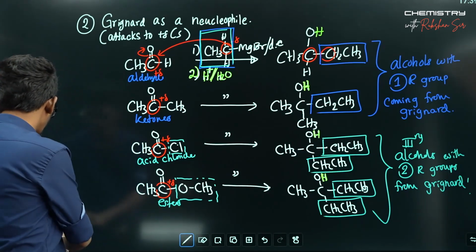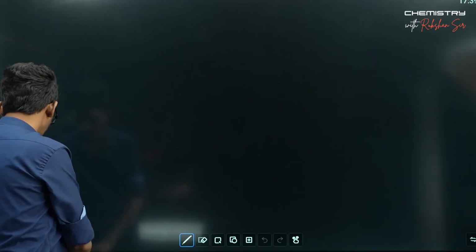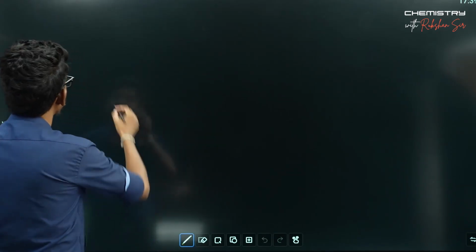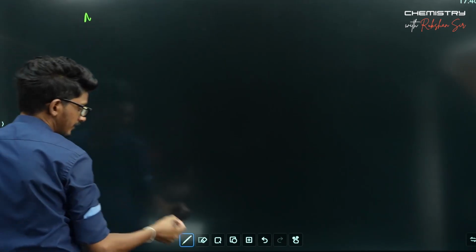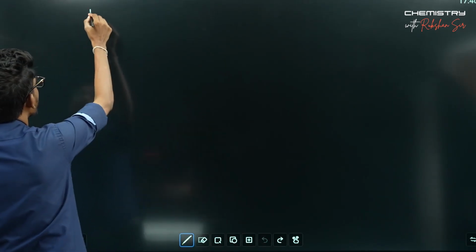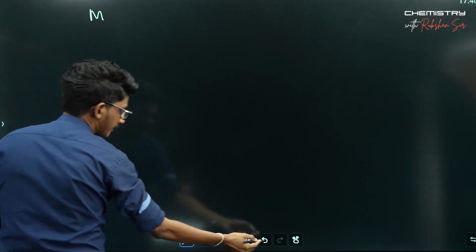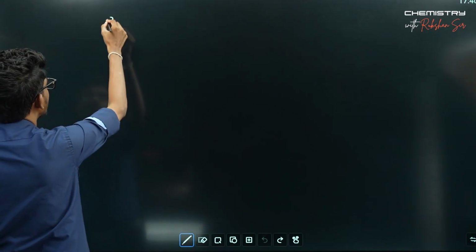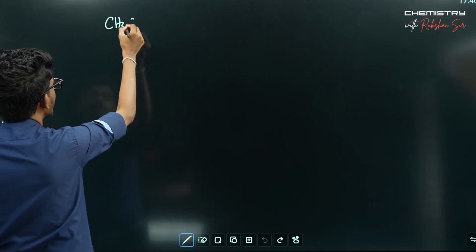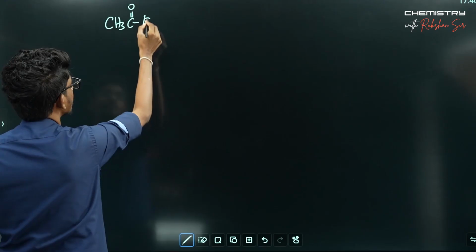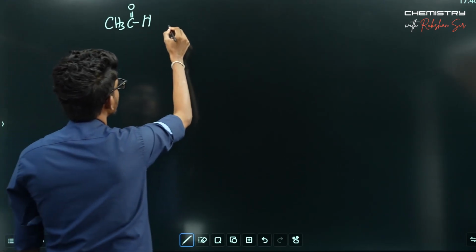Mechanism. First, let's come up with the mechanism of this reaction. When an aldehyde reacts with the Grignard, we have the aldehyde.